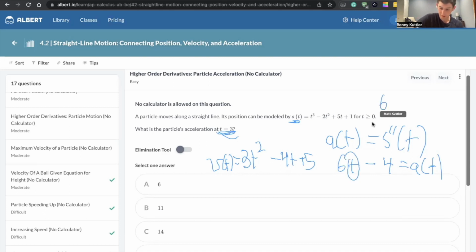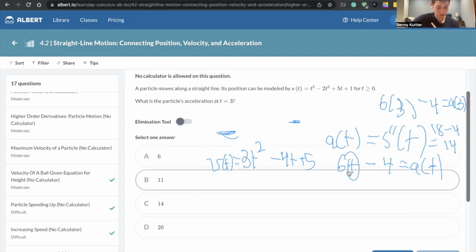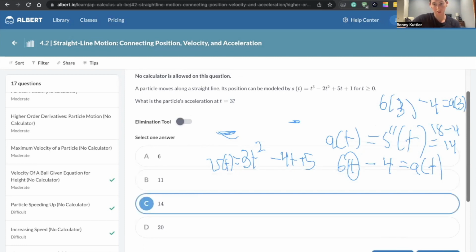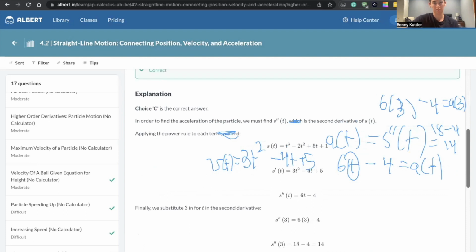So we have 6 times 3 minus 4 is equal to a of 3. So that equals 18 minus 4, which equals 14. And that's one of our answer choices. So if we click on it, it's correct.